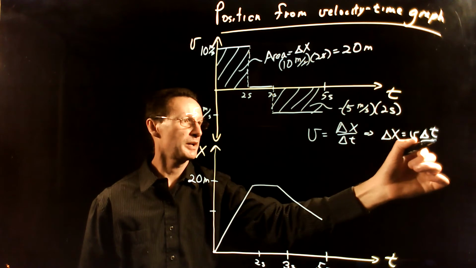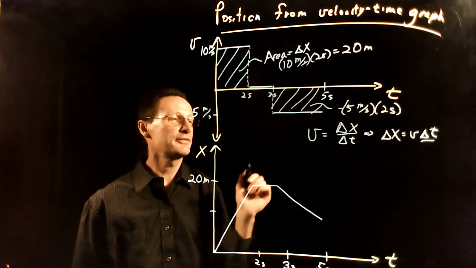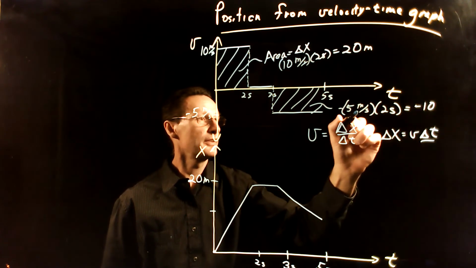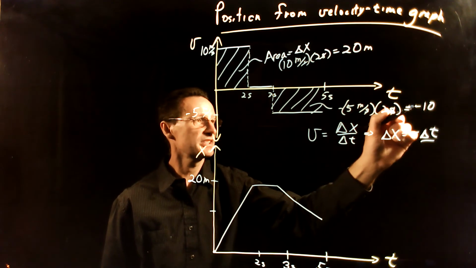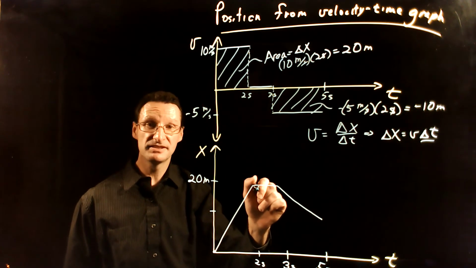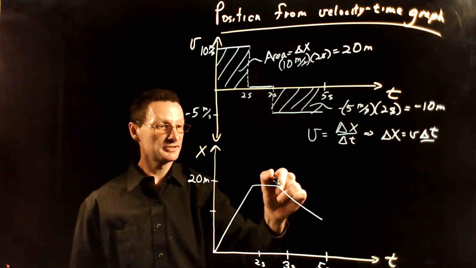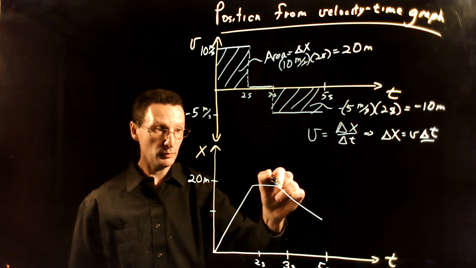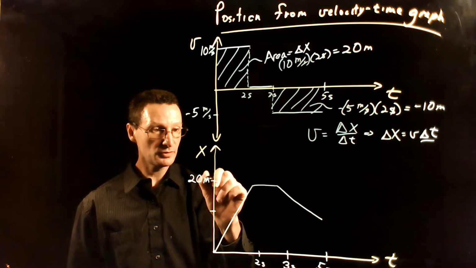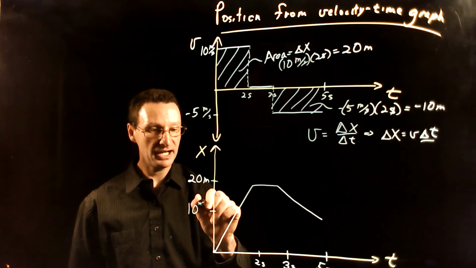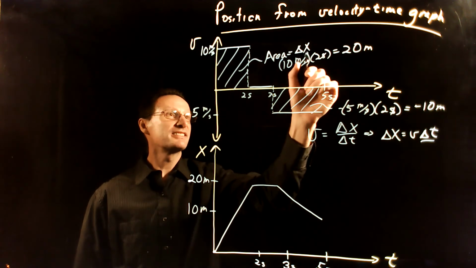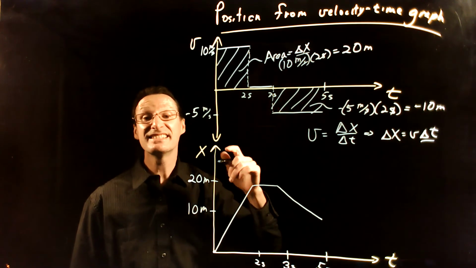Negative 5 times 2 is negative 10, and the units again will cancel: seconds cancel with seconds, and I'm left with meters. This means I need to change my position by negative 10. So I need to go from where I was at the beginning of this motion and decrease by 10. That takes me down, 20 minus 10, to a positive 10.